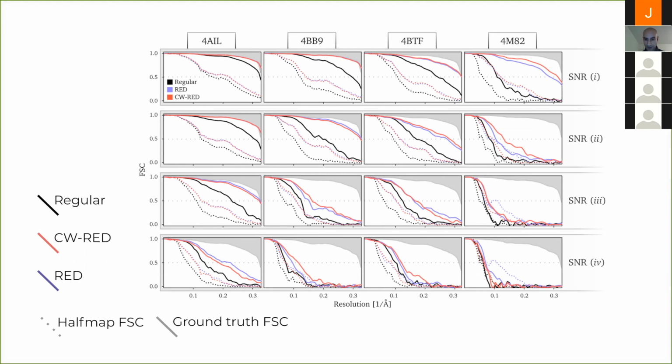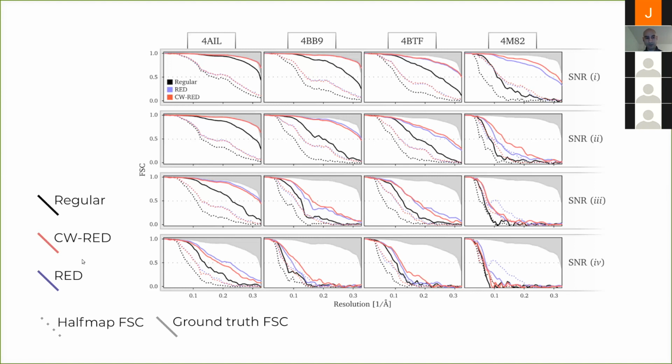This is telling us that if the correlation between the half maps is too high compared to the FSC to the ground truth, that means that, because we're using the same denoiser, the same prior information in reconstruction, for both of the half maps, we're making them more similar to each other than they are to the actual data, than they are to the ground truth. And that's why you get this elevated half map FSC.